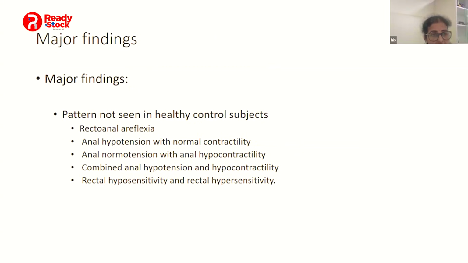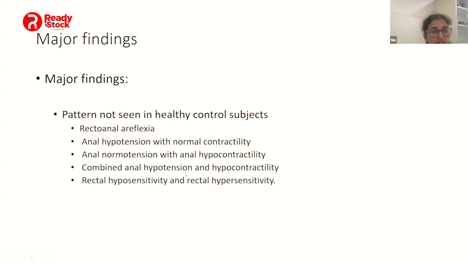So this is important for us. What is major? What should we give importance to? And what are seen in possibly healthy individuals as well? These are the components of the major findings in ARM as per the London classification. One is the absence of a RAIR, where you have a hypotensive anal sphincter, where there is a hypocontractility with a normotension, or there is an ineffective or let us say combined sphincter dysfunction, and a hyposensitivity and or hypersensitivity as per the case.